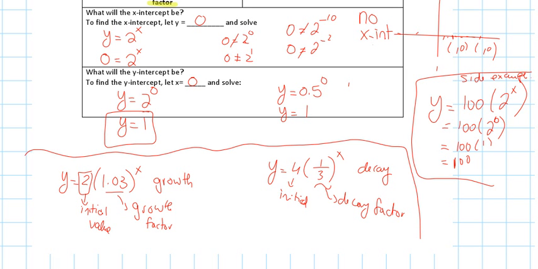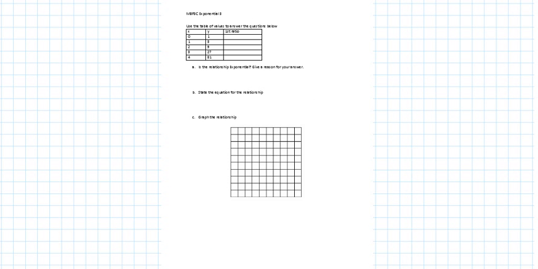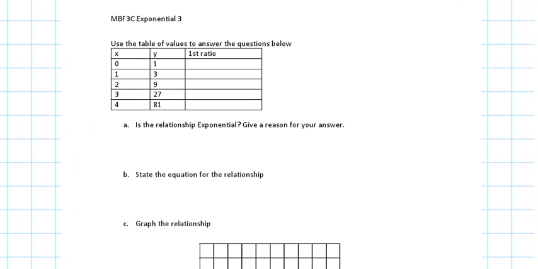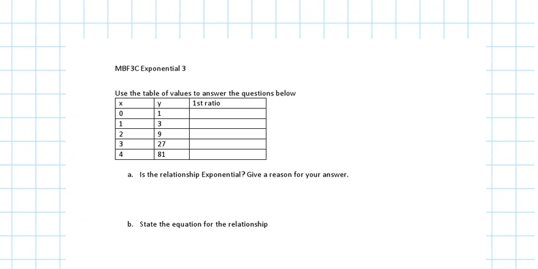Are we good with this? All right. Use the table of values to answer the questions below. So I have my x values, and I have my y values, and it's asking me to find my first ratio.